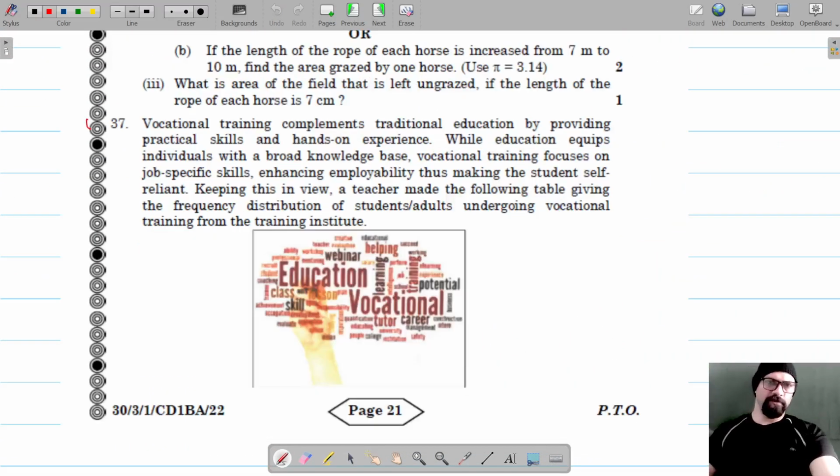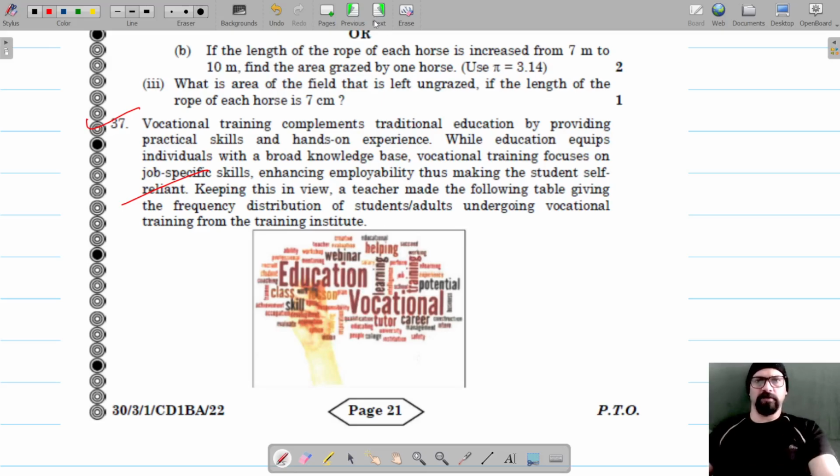Okay, for question number 37, it's given that vocational training complements traditional education by providing practical skills and hands-on experience. While education equips individuals with a broad knowledge base, vocational training focuses on job skills. So this is all about vocational training.